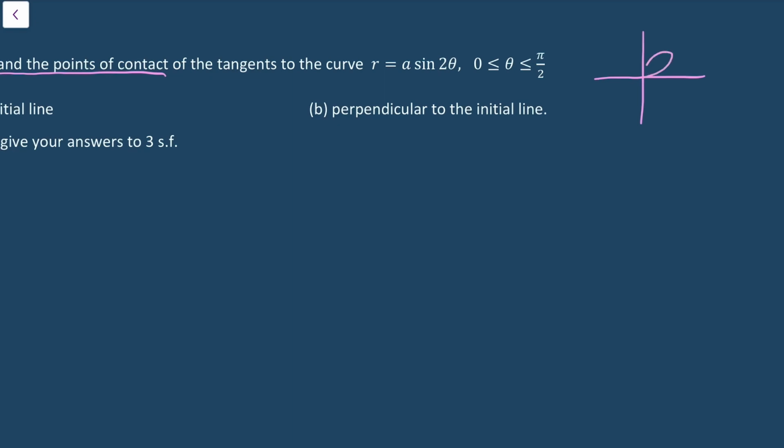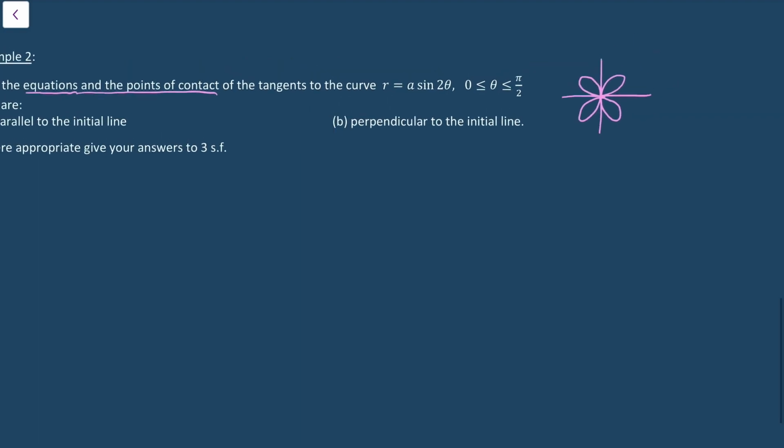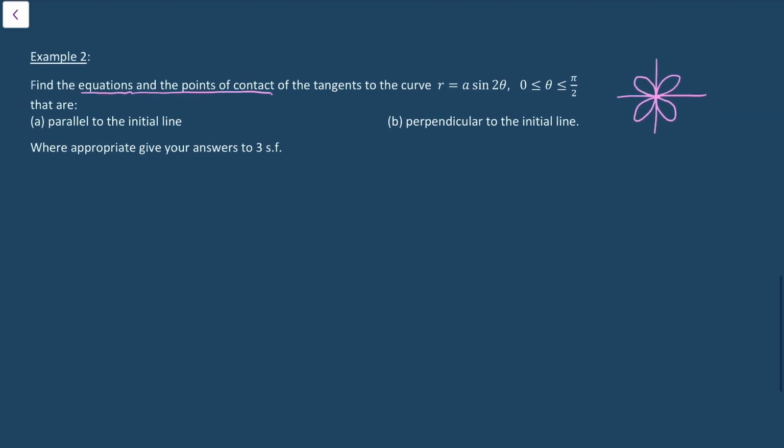It looks like this, and I want to find the equations and the points of contact where it's parallel to the initial line and perpendicular to the initial line. So we're first going to look at parallel to the initial line.